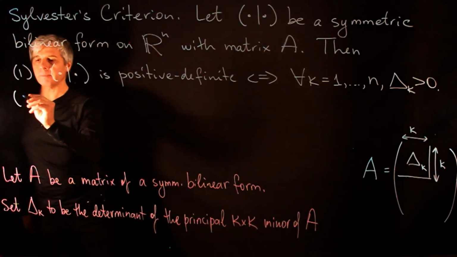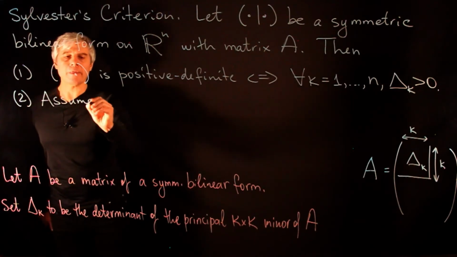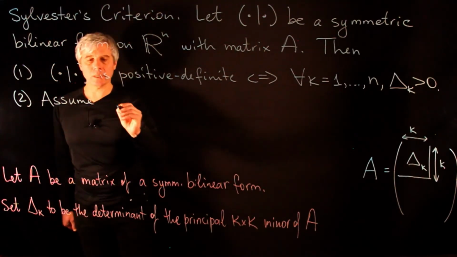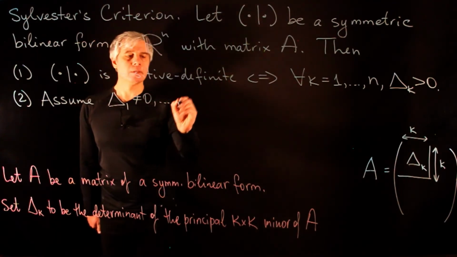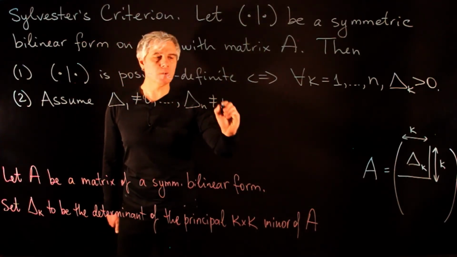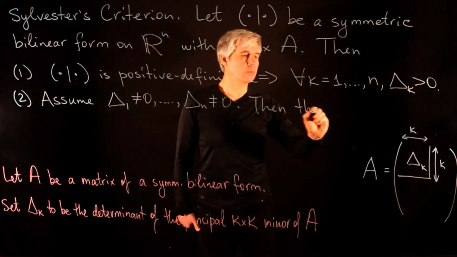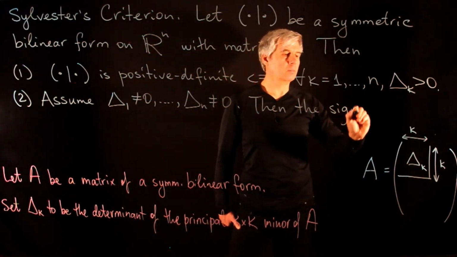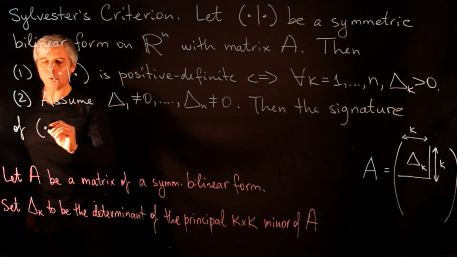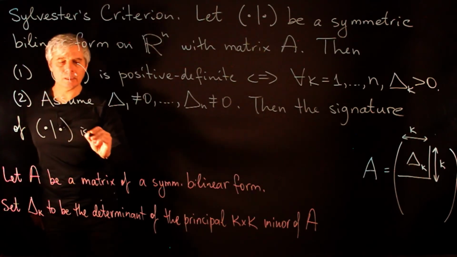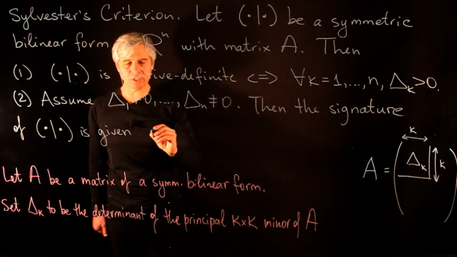And the second claim, assume that all delta k's are non-zero. So delta 1 is non-zero, delta n is non-zero. Then the signature of the bilinear form is given by the following sequence of signs.